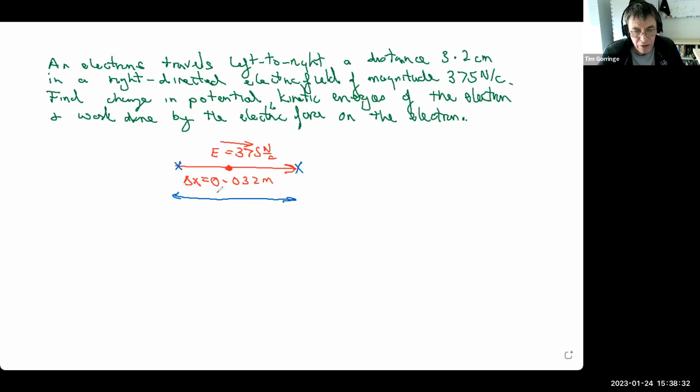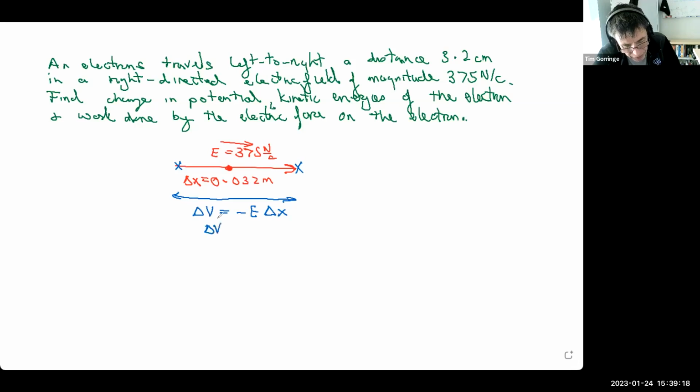You can rearrange that equation. The electrical potential difference is equal to minus the strength of the electrical field times the displacement from left to right. Now, we know the field strength, we know the displacement, 375 newtons per coulomb, and 0.032 meters.